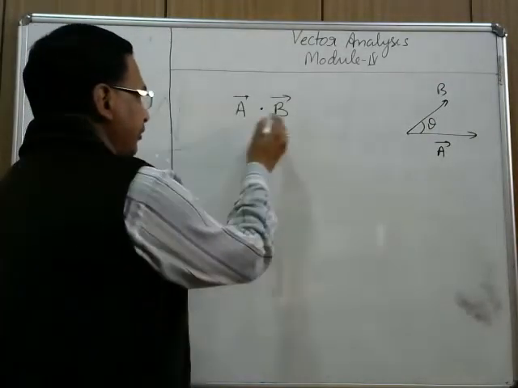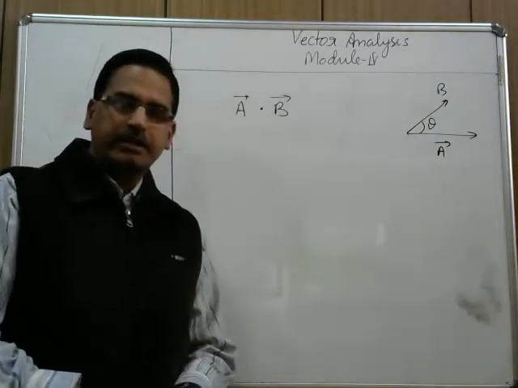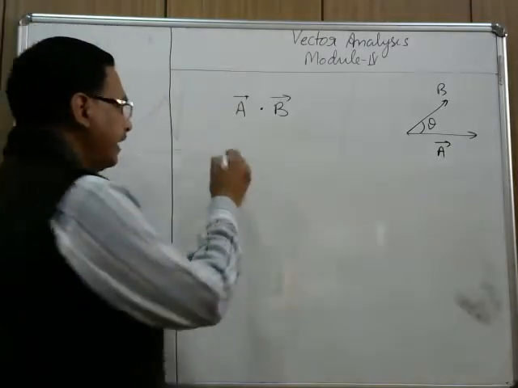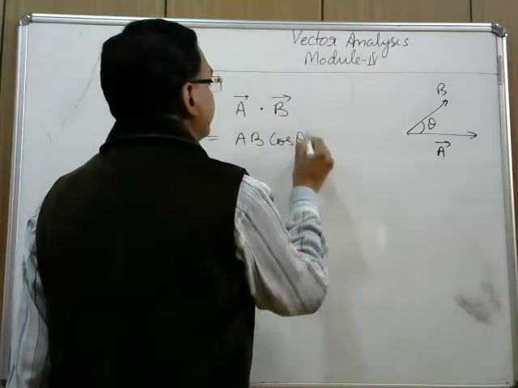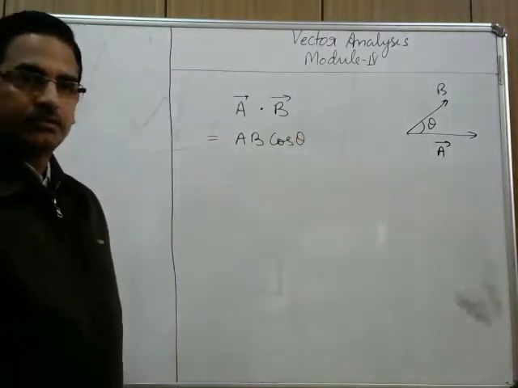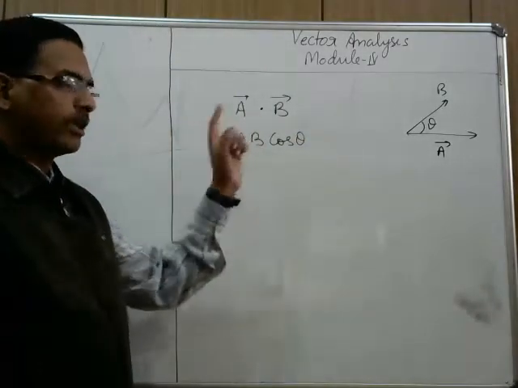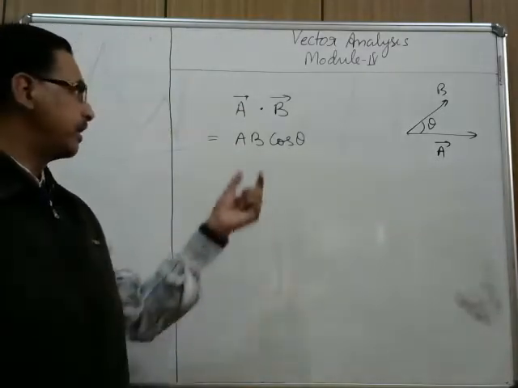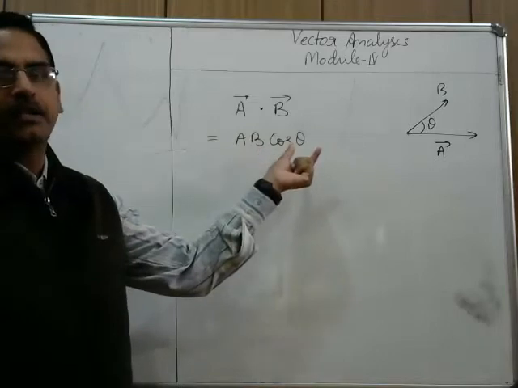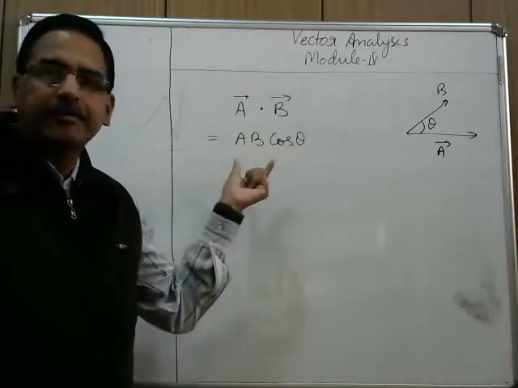Then A dot B, that is the scalar product of two vectors A and B, will be defined as AB cos theta. Therefore, a scalar product of two vectors A dot B is a scalar quantity equal to the product of their magnitudes and cosine of the angle between them.